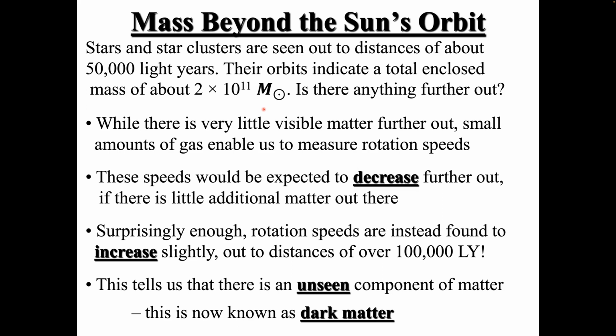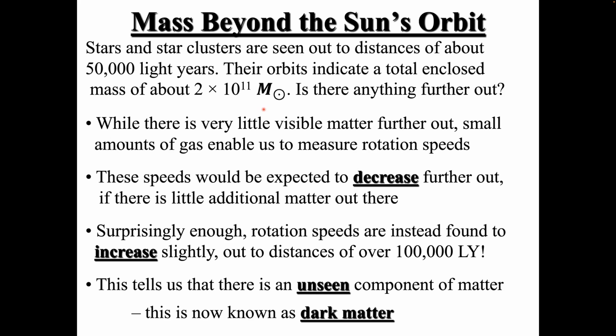What that means is, when you go to these outer regions, if there is very little matter and only a small amount of gas according to our observations from a telescope, then what you will expect is that the rotational speeds of those gases and materials should decrease when you go further out.